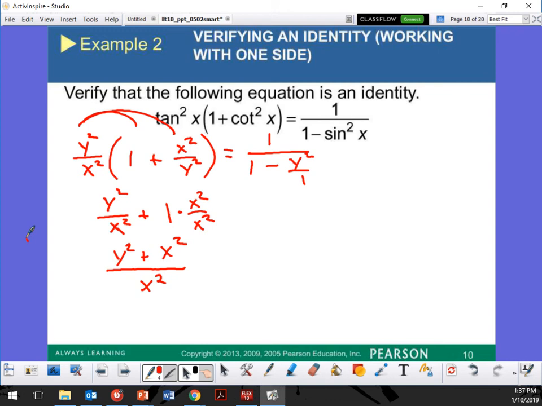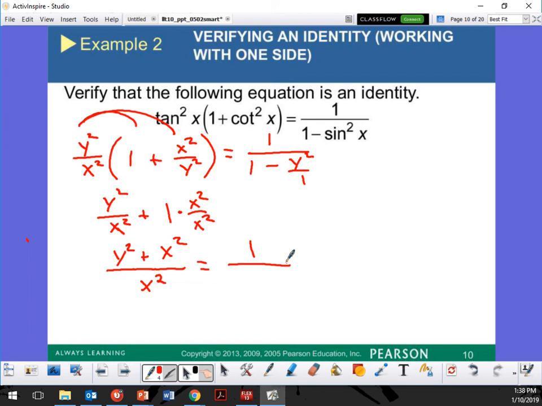That one thing from yesterday, what is it? Sine squared plus cosine squared is equal to 1, right? So x squared plus y squared is equal to 1. Every time I see x squared plus y squared, I know that's got to be 1. So on top, it's going to be 1, right? 1 over x squared.